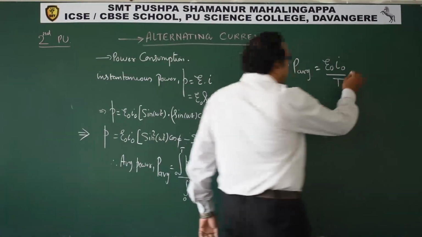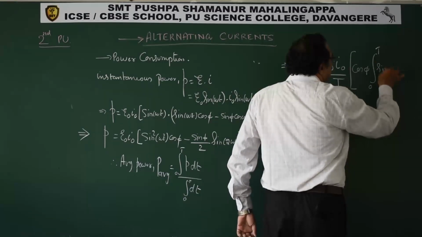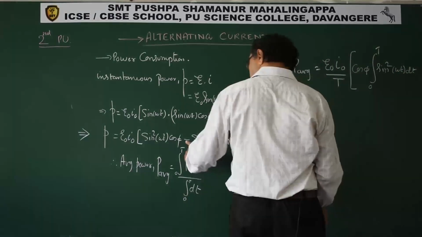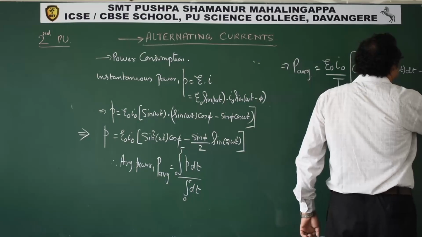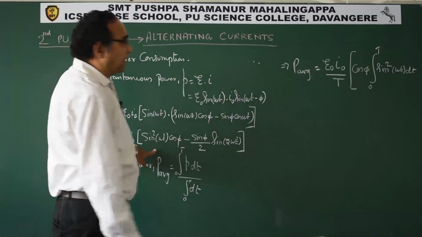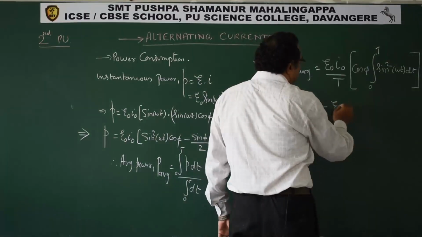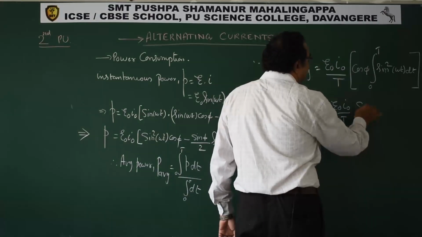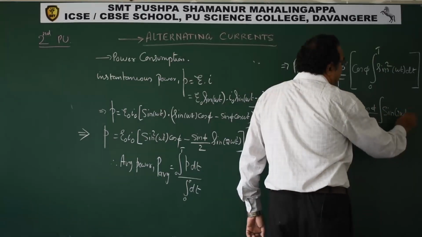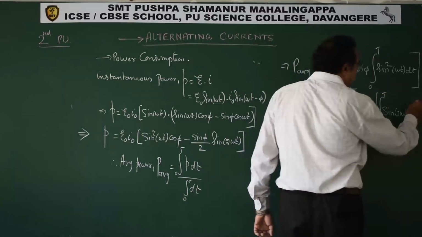Cos phi can be taken outside, so I will put a bracket: integration of 0 to T sine square omega t dt, which we will call I1, then minus E naught I naught by T, sine phi by 2, integration of sine of 2 omega t dt from 0 to T. This is the second one.